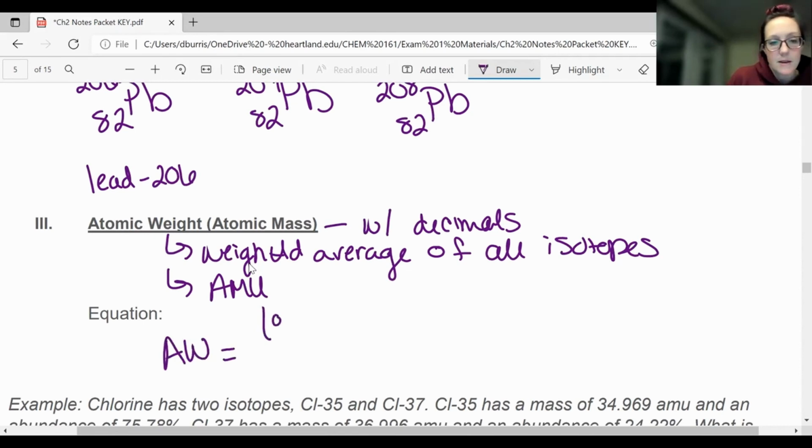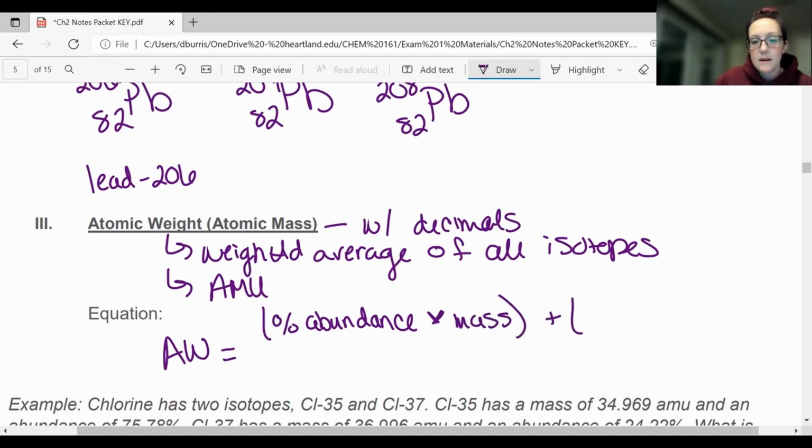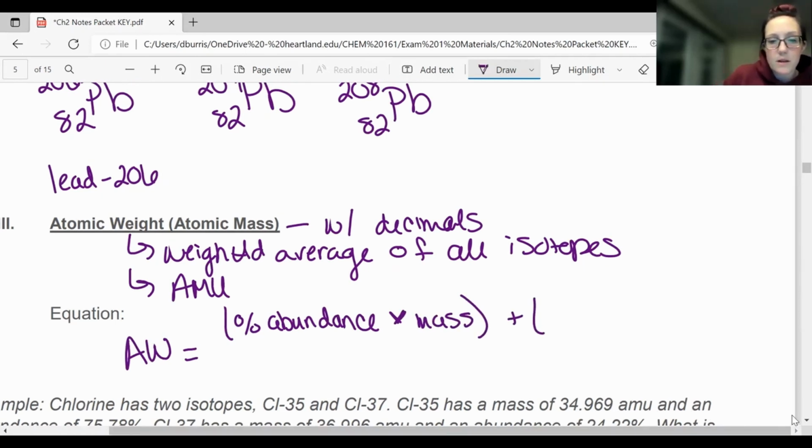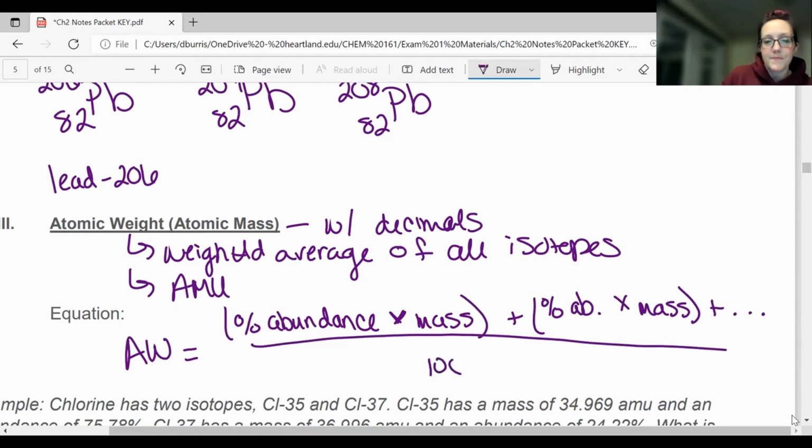is, calculation is the percent abundance, meaning how much there is for an isotope, times the mass of an isotope, plus, you just keep going for each isotope, the percent abundance of the next isotope, I'm going to abbreviate, times the mass of the next isotope, plus, and so on and so forth, all divided by 100.